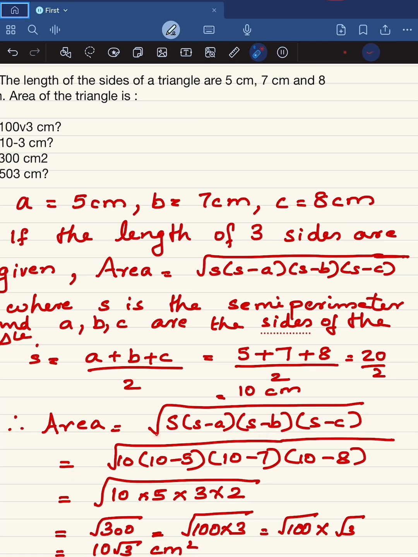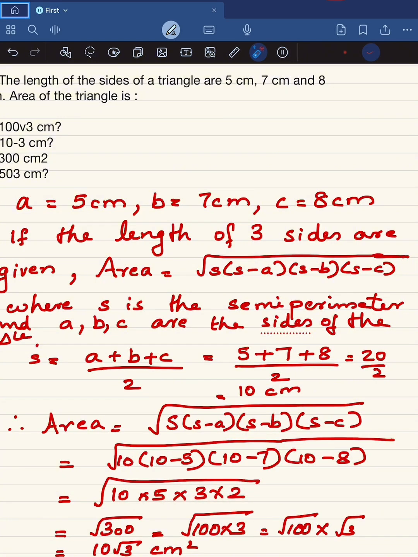That is root of 10 into (10 minus 5) into (10 minus 7) into (10 minus 8), which is 10 into 5, 3, 2. Multiplying all these numbers, you get 300.